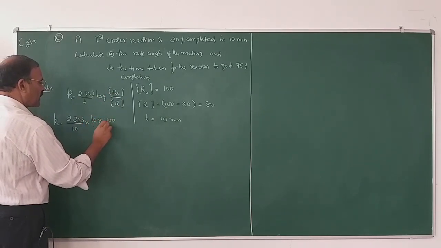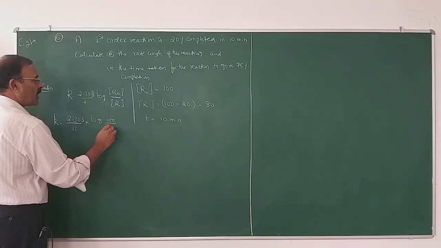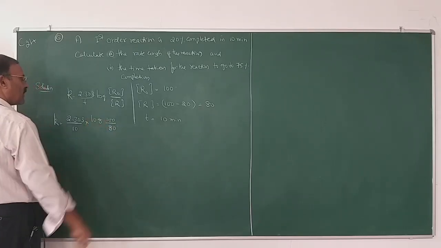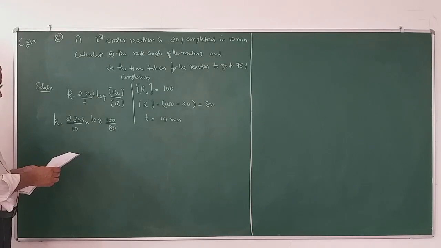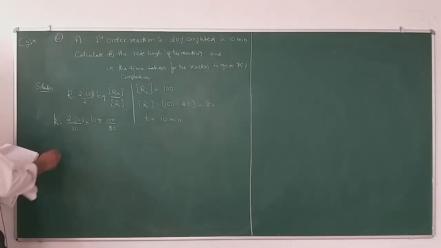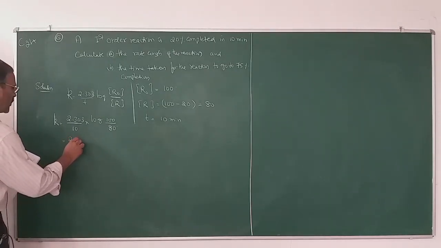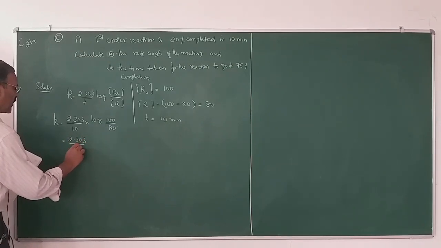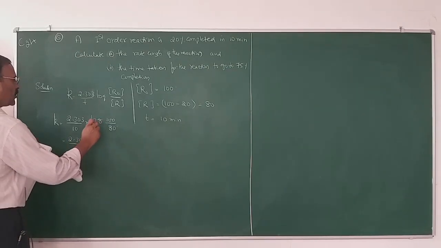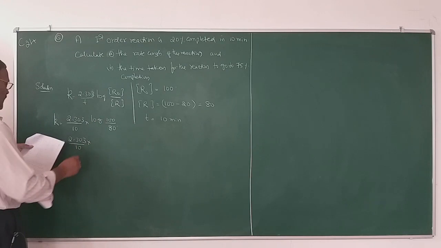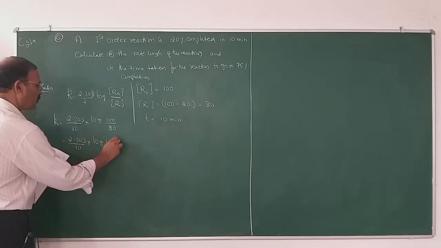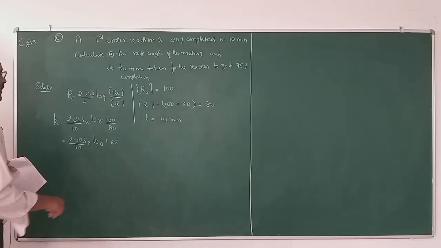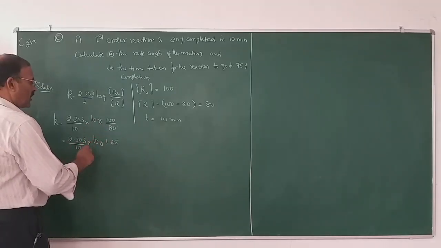Log 100 divided by R, which is 80. So this equals 2.303 divided by 10 into log 100 divided by 80, equals log of 1.25. 100 divided by 80 equals 1.25.